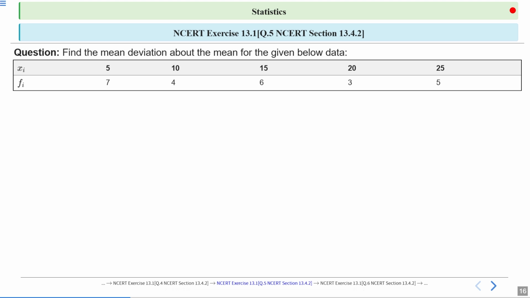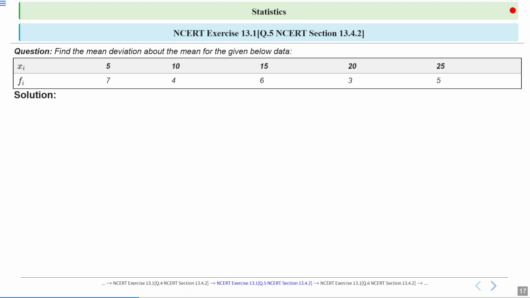Okay, so first of all try it yourself. So here first of all look at the given table, okay, and then find the mean deviation about the mean using the given table. So let's solve this question step by step.